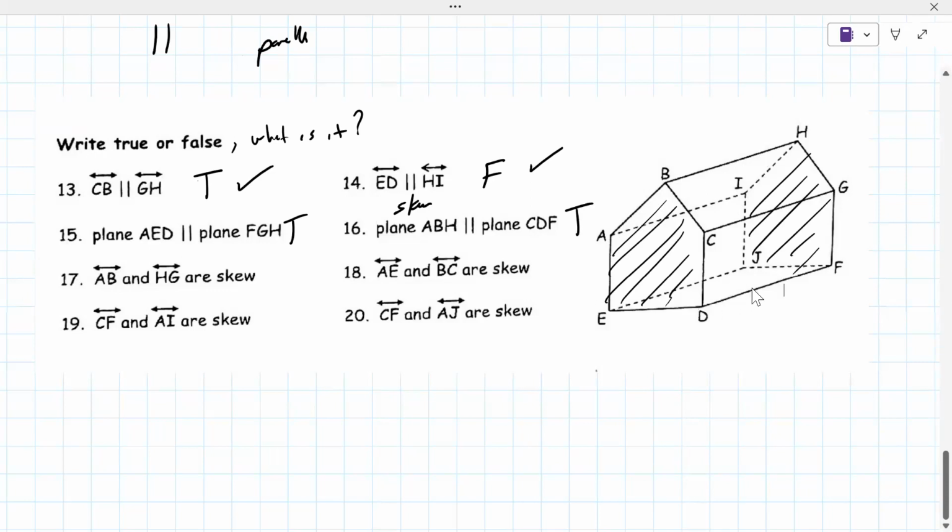CDF is over here. This one's hard to see, but if you were to extend this wall up, it would eventually hit up there. They would hit, which I know could be hard to see. So this one is false. They're not parallel. They end up intersecting.